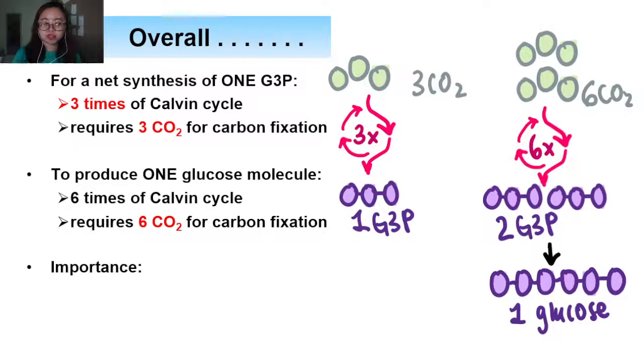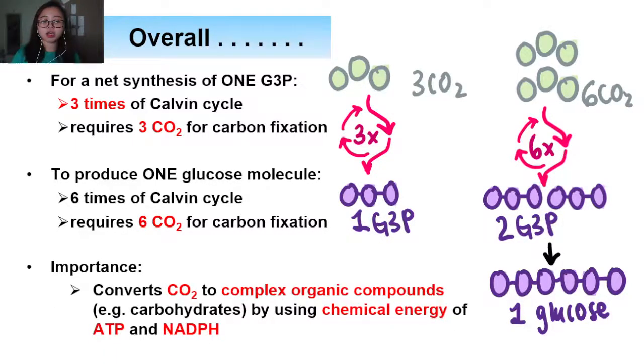The importance of this is it will convert carbon dioxide to complex organic compounds, such as carbohydrates, by using chemical energy of ATP and NADPH. Saya bagi peringatan sekali lagi, light dependent reaction adalah untuk menjana tenaga, manakala light independent reaction adalah untuk menyimpan tenaga yang dijana.